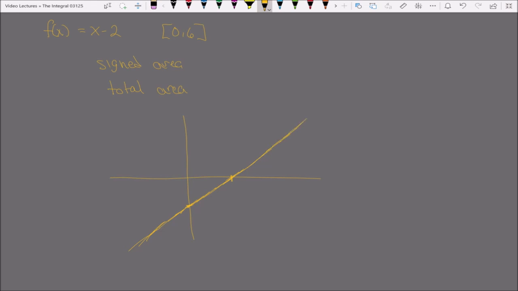Alright, there we go. Now 0 to 6, let's say 6 is out here somewhere. 0 is here, so we have two areas we want to look at. We have this area.